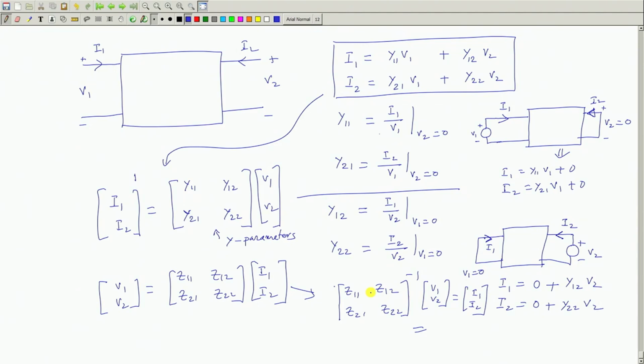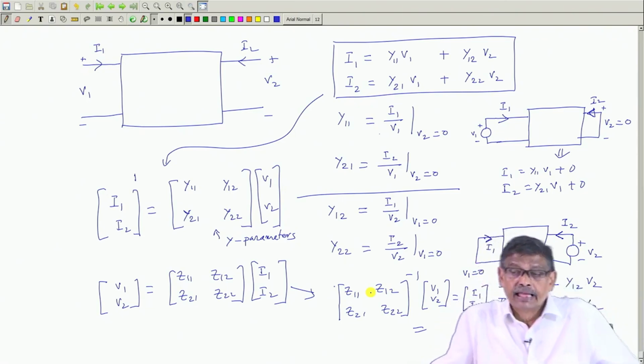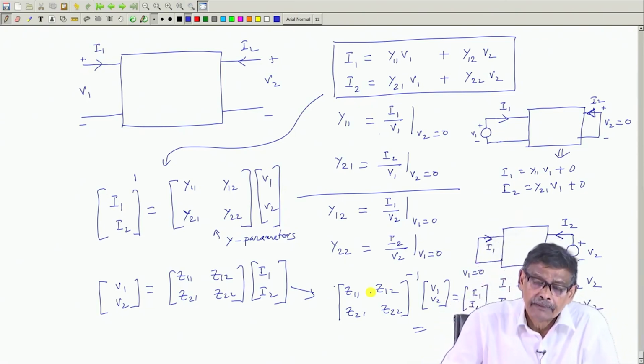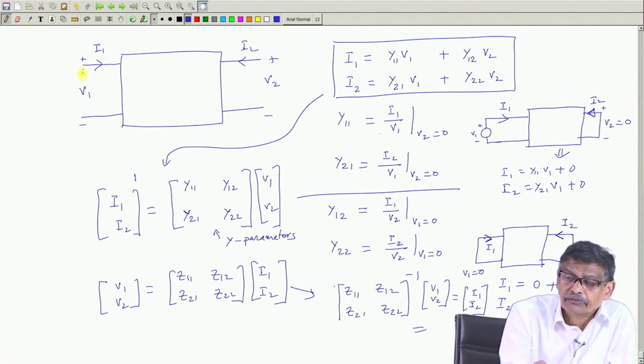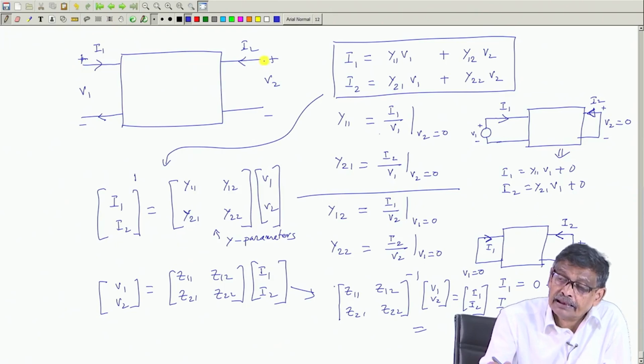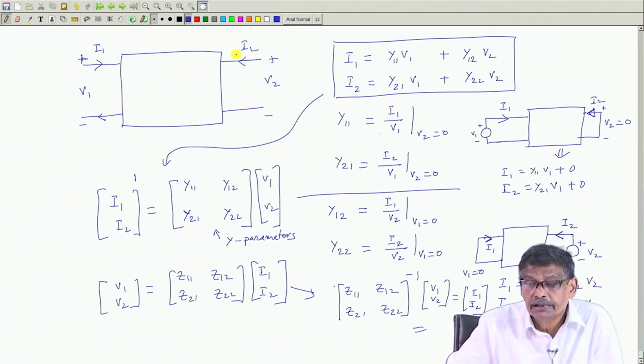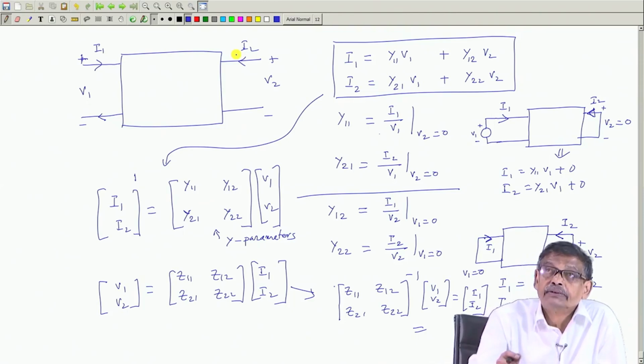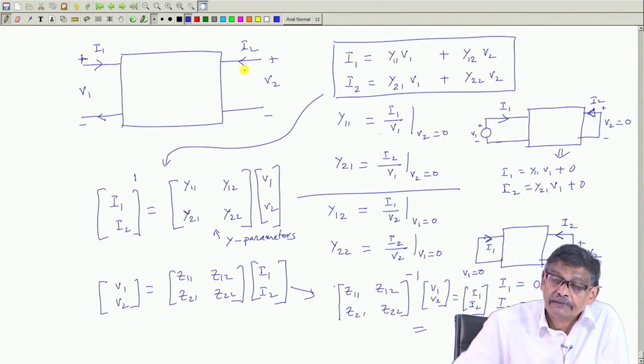But today, what I have told is that for any given 2-port network, first there is this convention: there will be an input port where voltage and current polarity and directions are specified like V 1 I 1, and a definite output port where V 2 and I 2 are also specified.